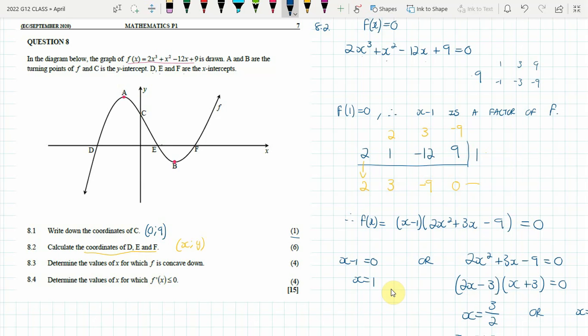We need the point of inflection. It's a critical point. So in words, how can you describe these values of x for which f is concave down?